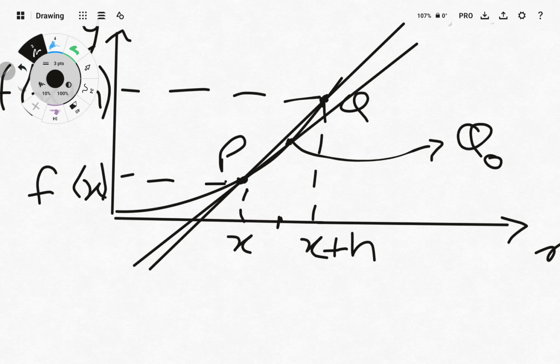This point is going to get closer and closer to P until it comes so close that it actually makes no difference at all. It's basically the same as P. I hope you're seeing that we're still applying the same tangent idea, but in a more mathematical and precise way.